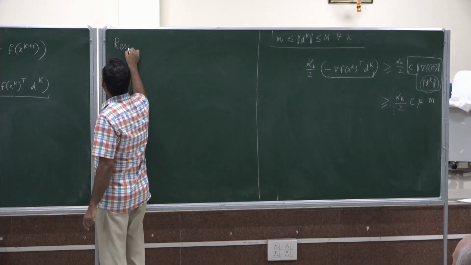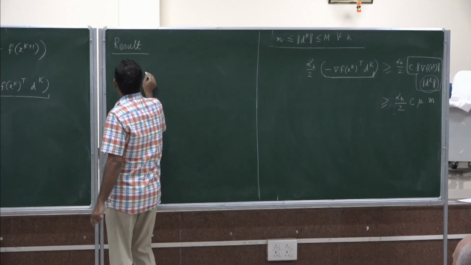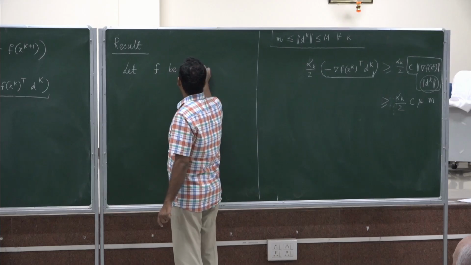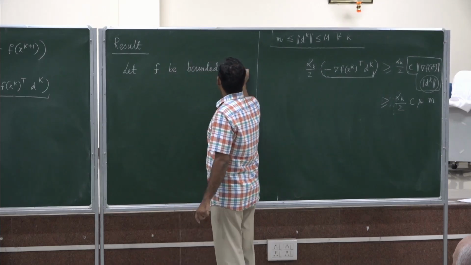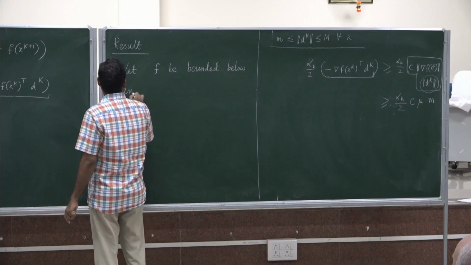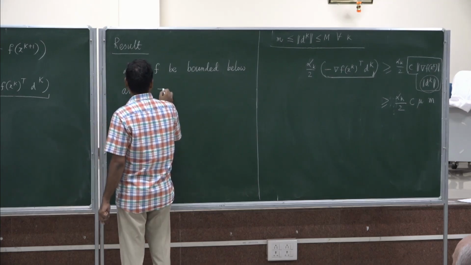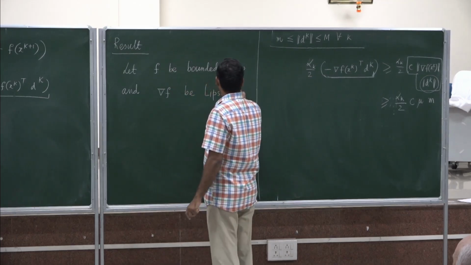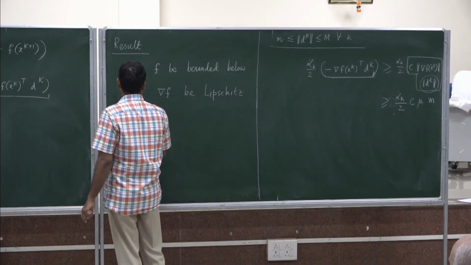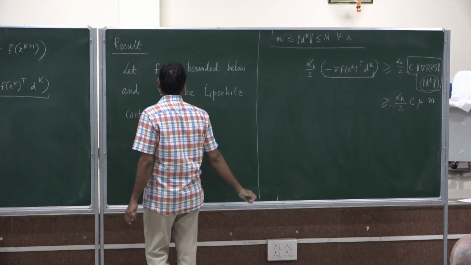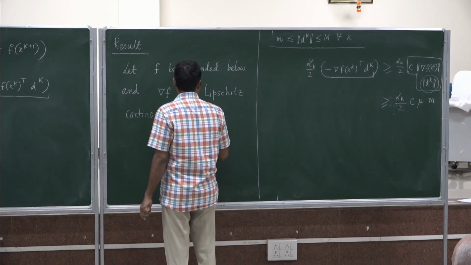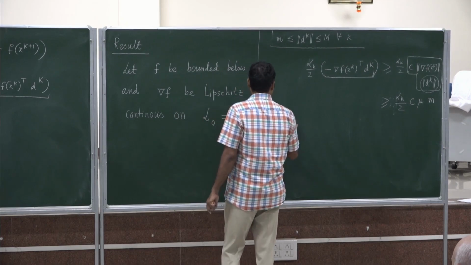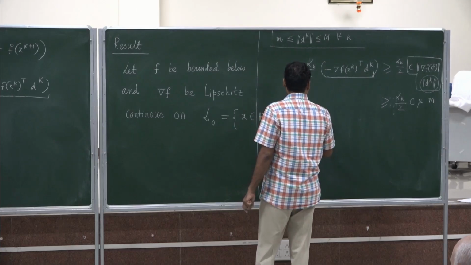The result says the following: let f be bounded below and grad f Lipschitz continuous on the initial level set L naught, given by x belonging to R^n such that f(x) is less than or equal to f(x naught). Fine.